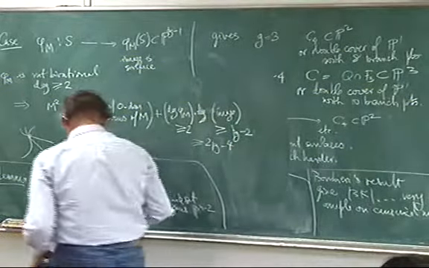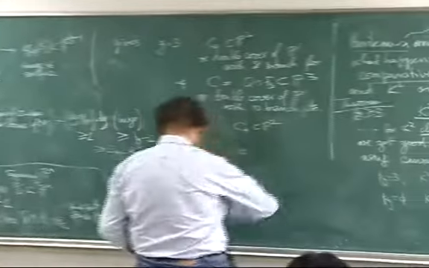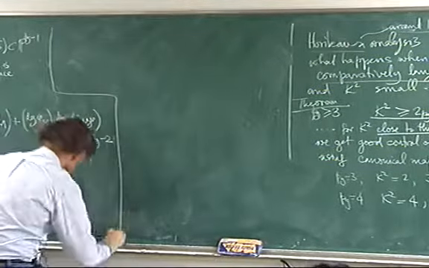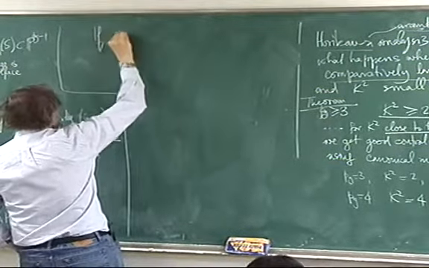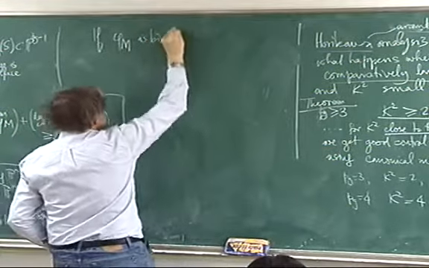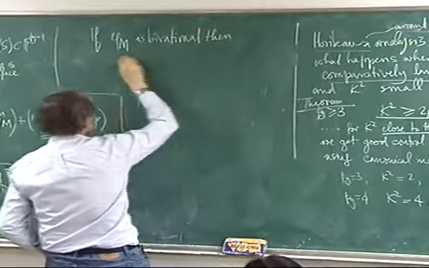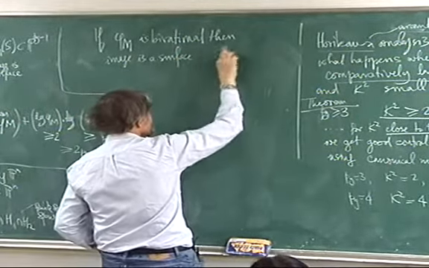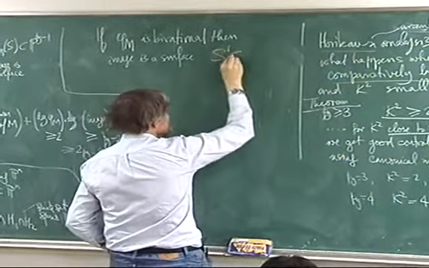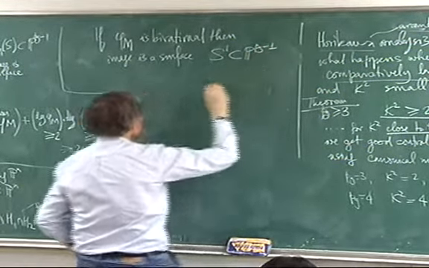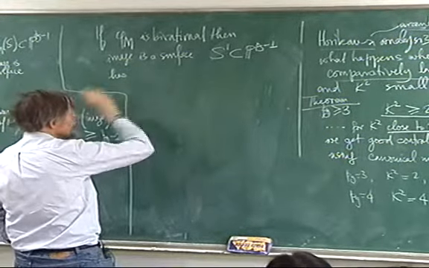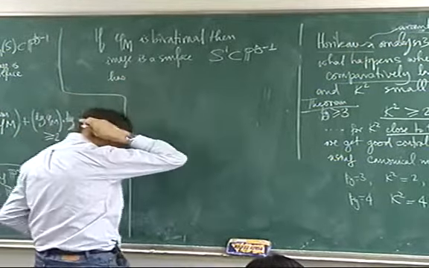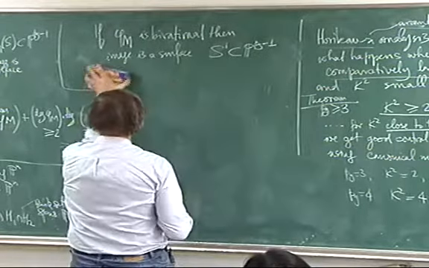Right, and so the birational, the final case of this proof, which actually I haven't prepared, says: if phi m is birational, then the image is a surface S prime in P, PG minus 1, which is not rational or ruled.